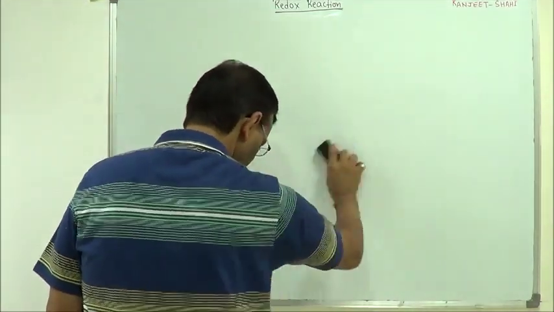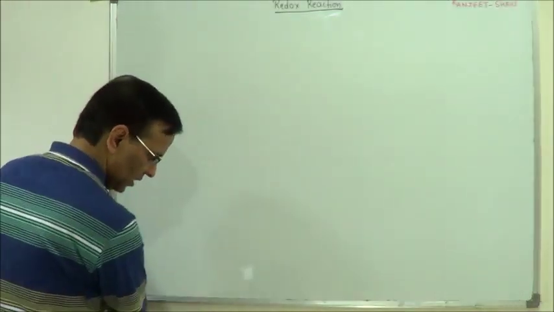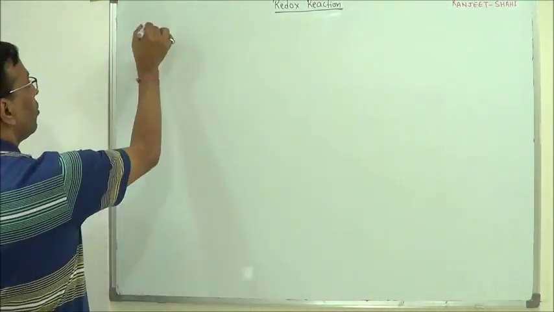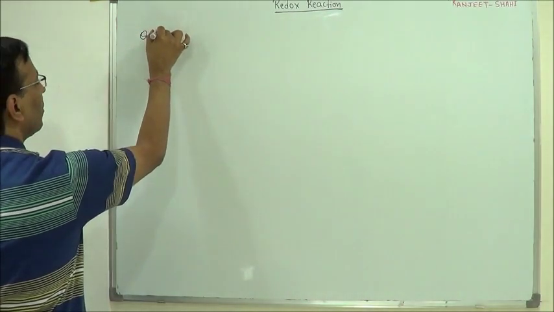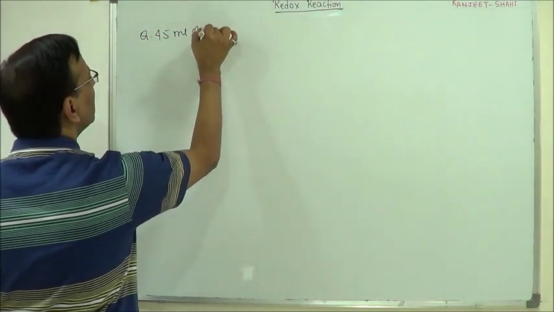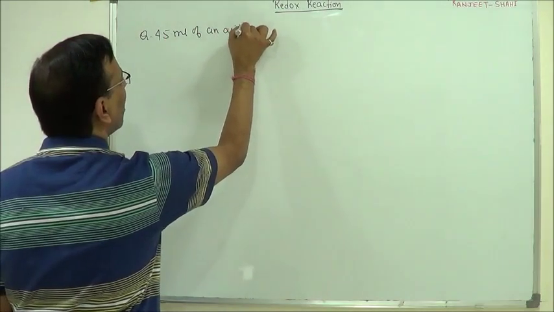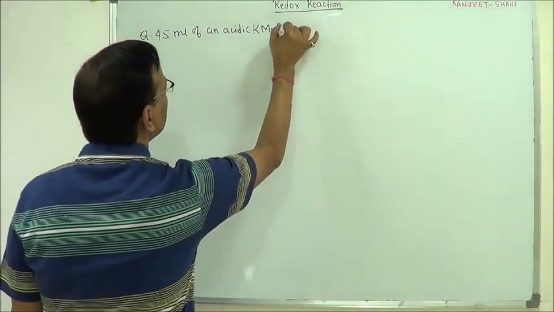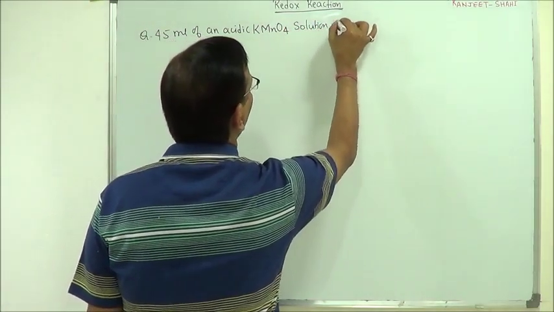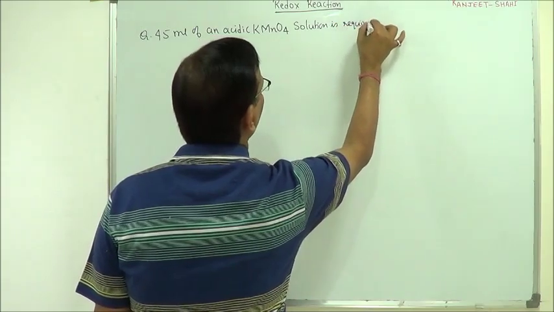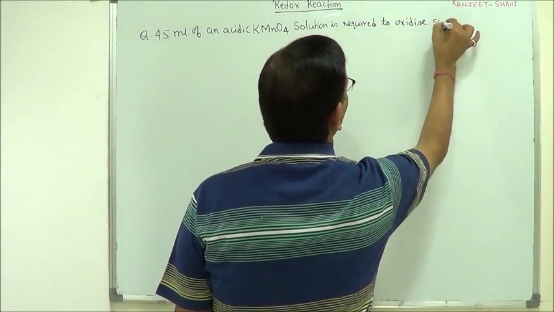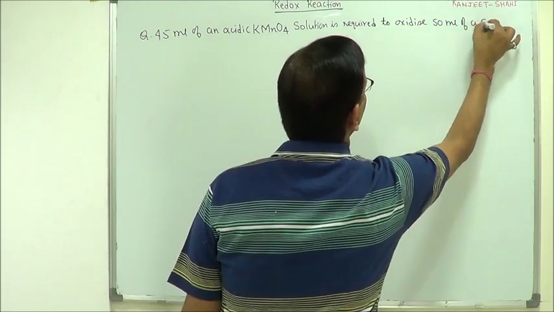Suppose a situation is given in which, sorry, let us take 45 ml of an acidic potassium permanganate solution is required to oxidize 50 ml of a ferrous sulfate solution.